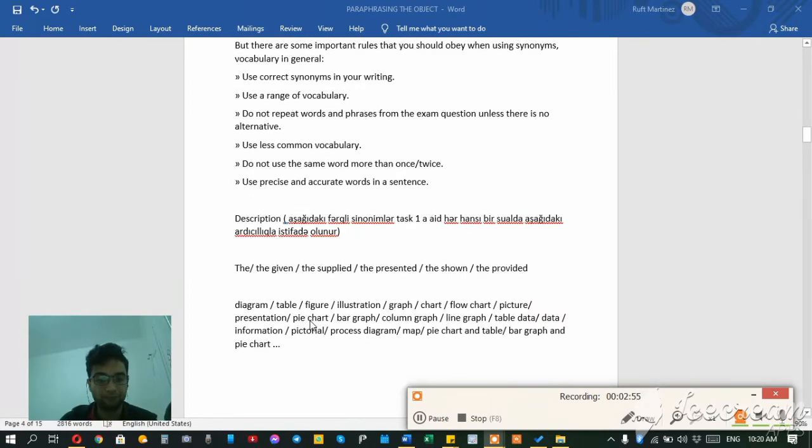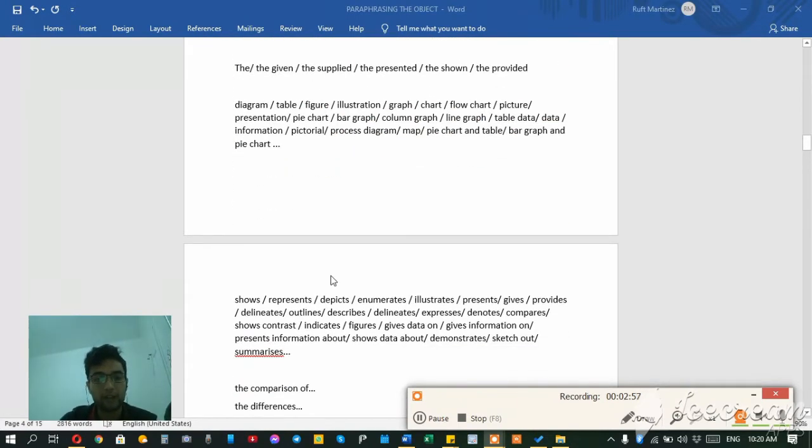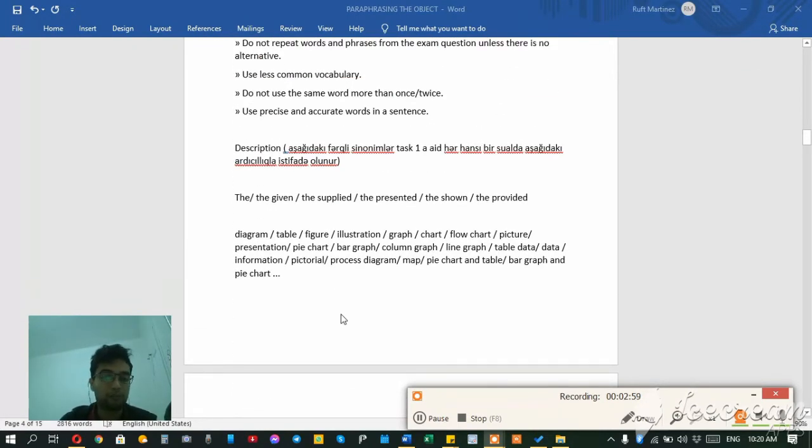Well, here I wrote for you some vocabulary for description, for increase, for decrease, for the general, overall part, for general trend, and it's really helpful to form your understanding.